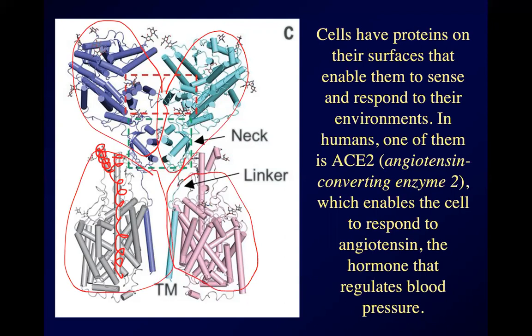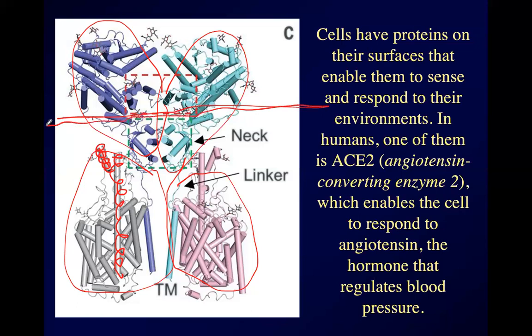And it's a cell surface protein because cells have proteins on their surfaces that actually go through the membrane. There's a part that sticks out and a part that sticks in. And so the cell membrane would actually be more or less at this level.